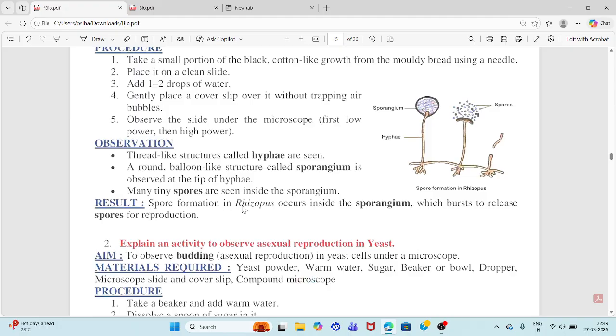Result: spore formation in rhizopus occurs inside the sporangium, which bursts to release spores for reproduction. You can see here, it bursts. And this is sporangium, this is hyphae. Sporangium, hyphae, spores.